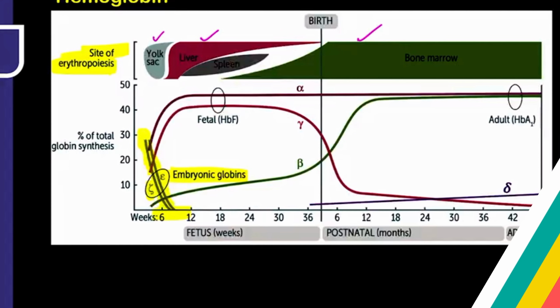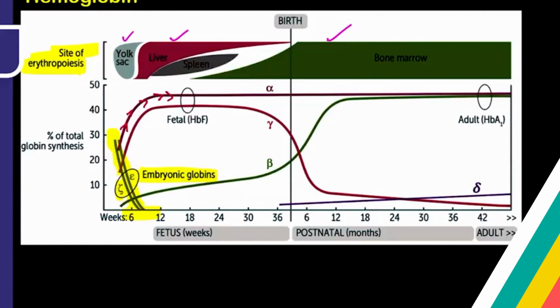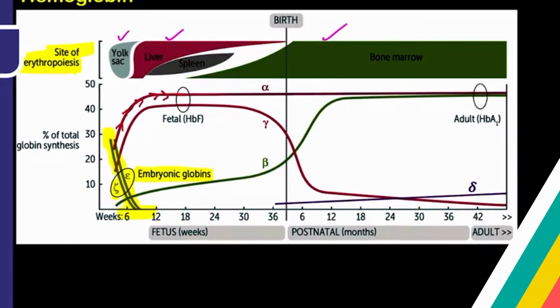When embryonic hemoglobin is disappearing, you can find two chains rising in concentration. One is the alpha chain, and when its concentration rises to the adult value, it remains the same throughout life. So this is the alpha chain.